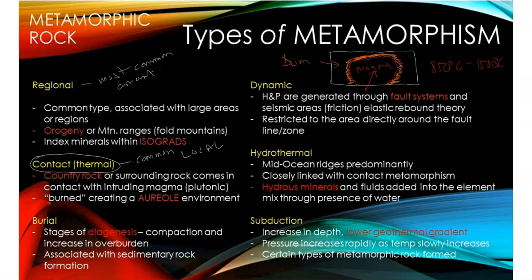Now, this is called an aureole, right here, and what's going to happen is you're going to have increased metamorphism around the magma, and as you go away from the magma into what's called the country rock, that's the original rock that's surrounding the magma that has been intruded, either from a diapir or an uprising through divergence or some sort of decompression melting, you get this magma intruding.